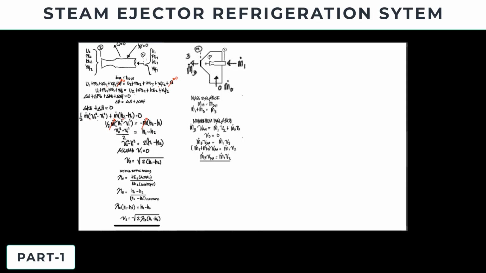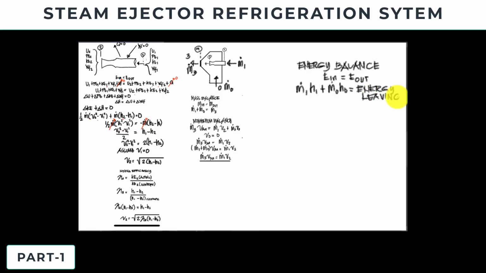Now, let's consider an energy balance on this system. We have energy in and energy out. Entering, we have the mass flow rate 1 times enthalpy 1 plus the mass flow rate O, enthalpy O, which is equal to the energy leaving the nozzle.